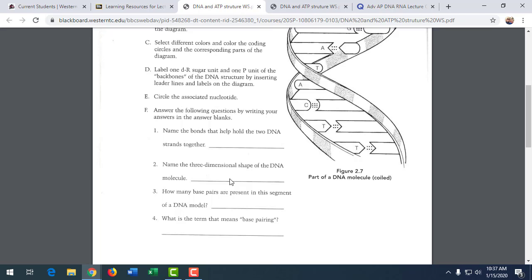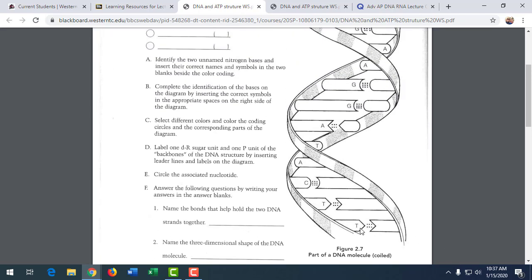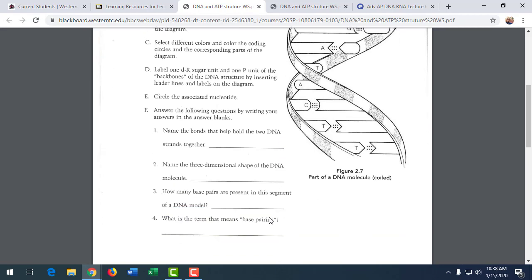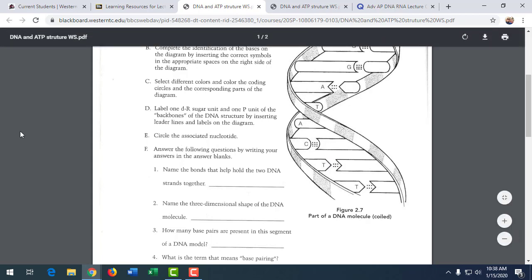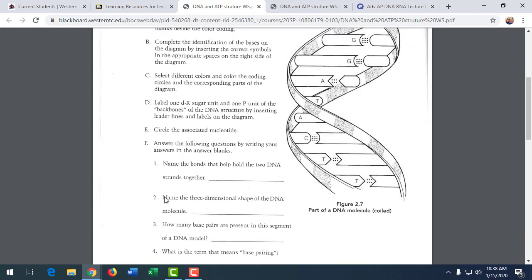Double helix. Very good. How many base pairs are present in this DNA model? So if we look at the nitrogen bases, how many pairs do we have? 10 if you count these in the middle here, right? 8 if you only count the ones that are showing the bonds. So 8 to 10 is fine.